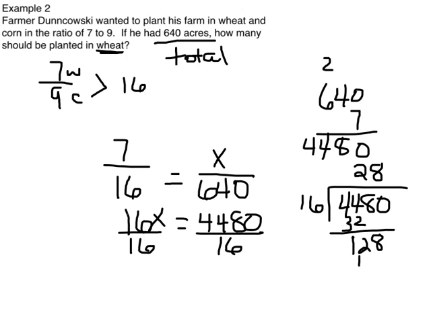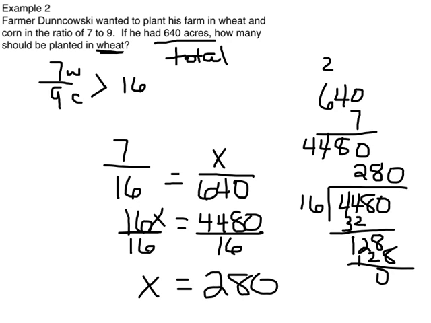That would be 8, and it would be exactly 128. So 280. So X is going to equal 280. 280 acres should be planted in wheat. Sorry, I don't like how that looks. Alright, let's go to the next one.